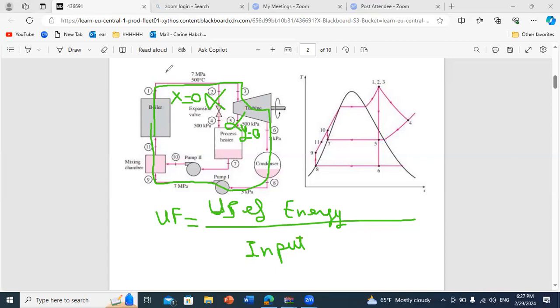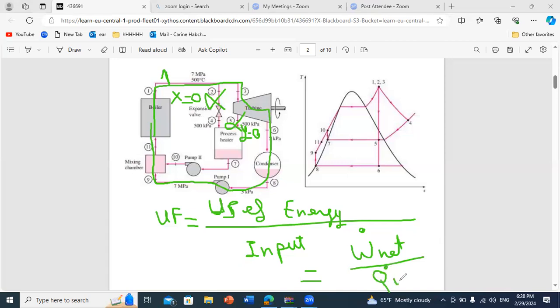So the mass flow rate will completely circulate into my conventional Rankine system. And then the utilization factor, which will be equivalent to the thermal efficiency, is W dot net over Q dot N.